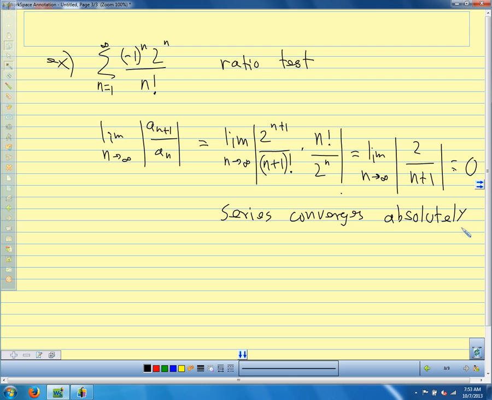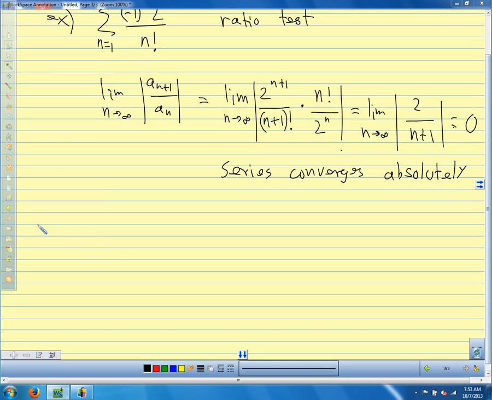A couple of things from the quiz: we might need to remember how factorials and fractions with factorials work. Some of us made a few mistakes with the problem that had to do with factorials on the quiz. All right, let's look at another example, and then we'll talk about the root test.